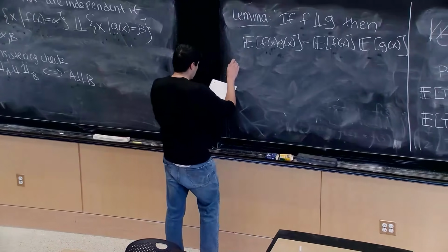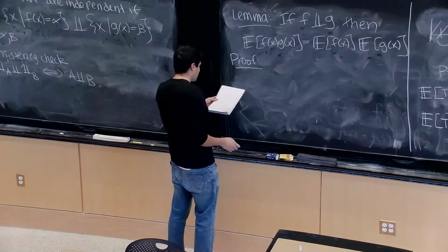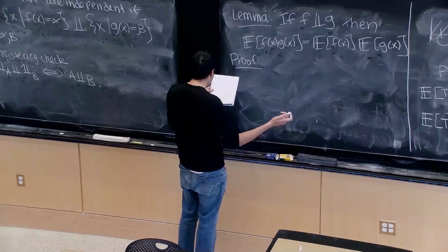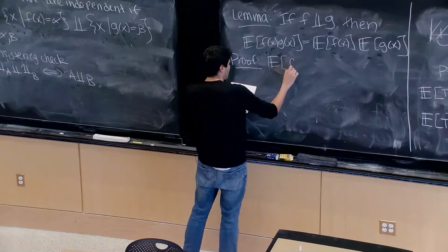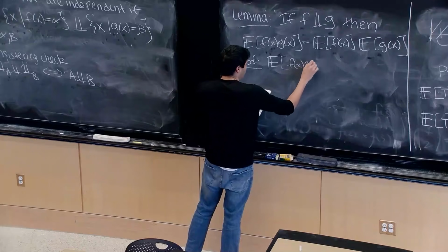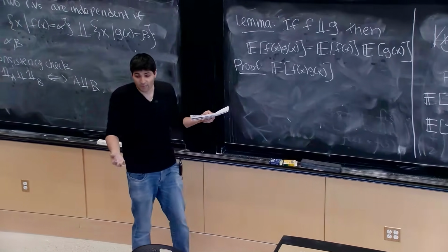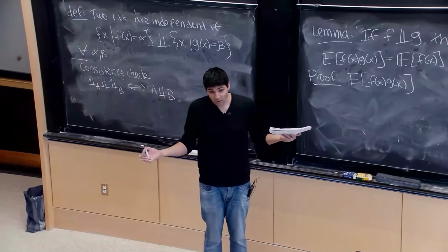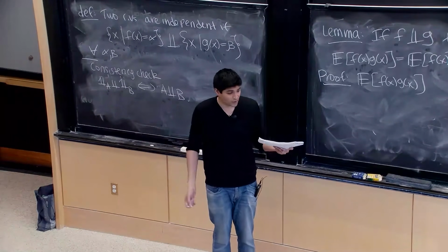All right, so let's prove this thing. Let's just write out the definitions and see what happens. So I've got the expectation of f of x times g of x. Well, whatever this mess is inside, that's a random variable. It takes in an outcome x and it spits out a real value that's given by the product of the values of f and g.